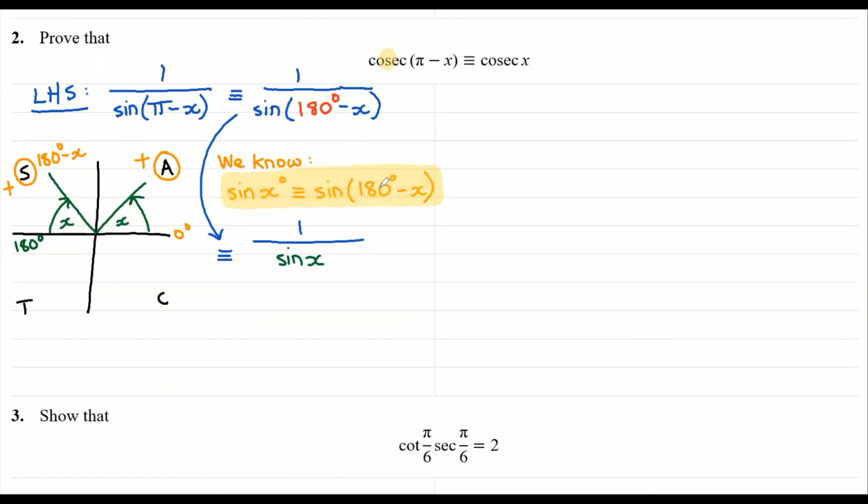Now, just to finish off, we also know that 1 over sine x is reciprocal, and we know that the first letter of our traditional trig functions, sine, cos, and tan, corresponds to the third letter of our new trig functions. So the trig function with s as the third letter is, of course, cosec x. I'll just show you that. There it is. And it looks like we've proved that result.